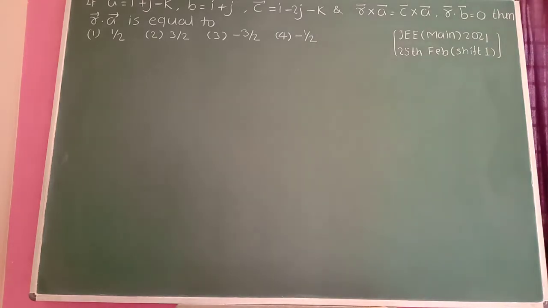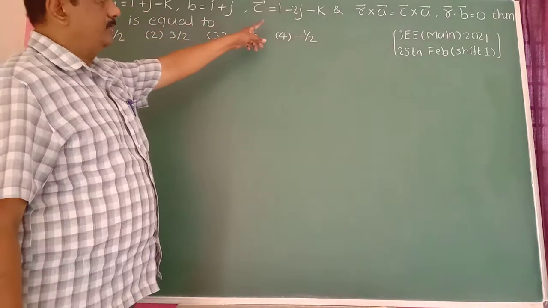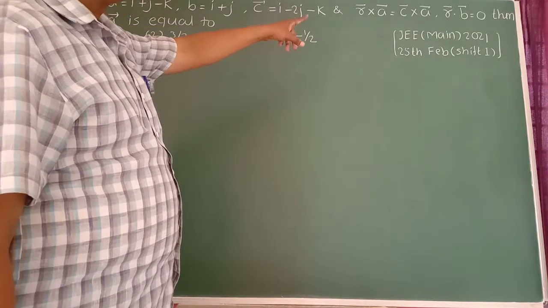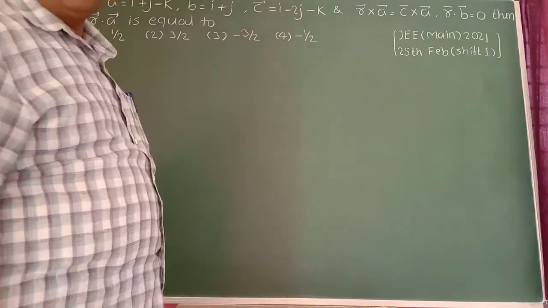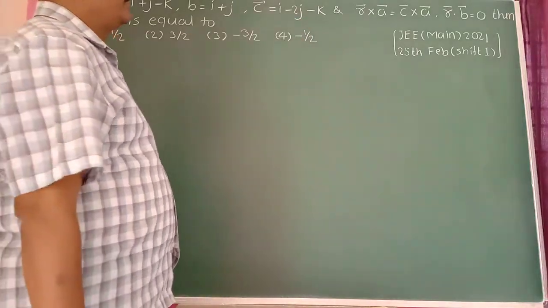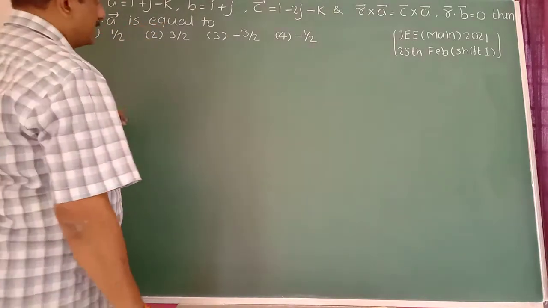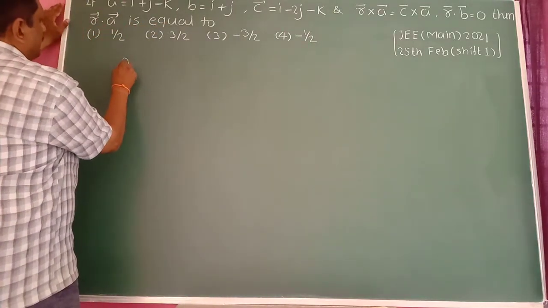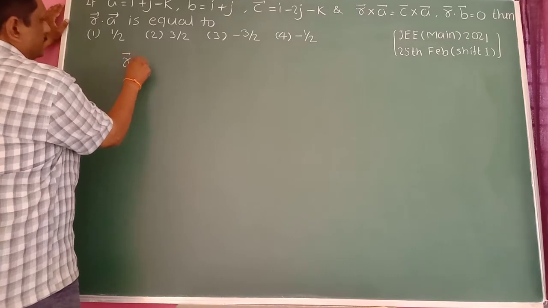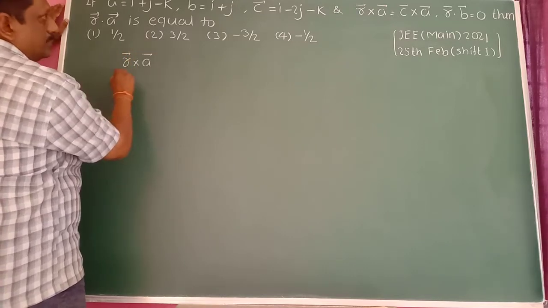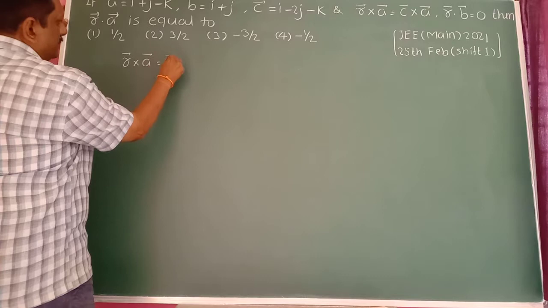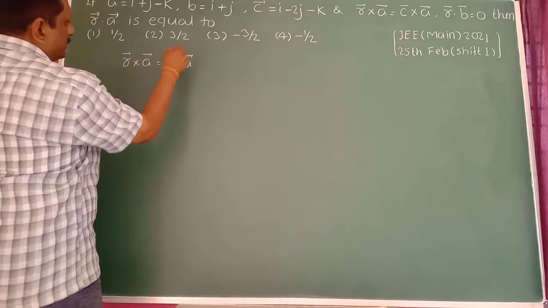So there are 3 vectors here, a bar, b bar and c bar, and also they given r bar cross a bar equal to c bar cross a bar, r bar dot b bar equal to 0, then r bar dot a bar is equal to what here? 4 options are there. So first take your r bar cross a bar is equal to c bar cross a bar.